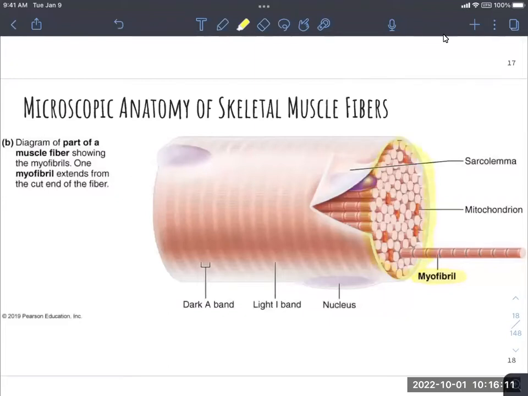This is one muscle cell with all those myofibrils. You see the mitochondria, because that makes our ATP, that gives us our energy. You see the striations: a dark band, or dark A band, we'll go into more detail about what those are soon, and a light I band. That's what gives these myofibrils their striations.